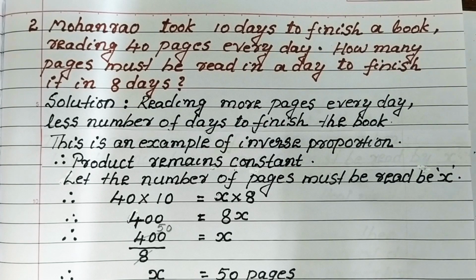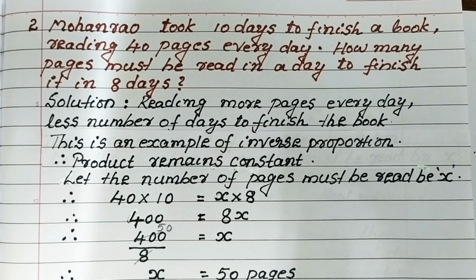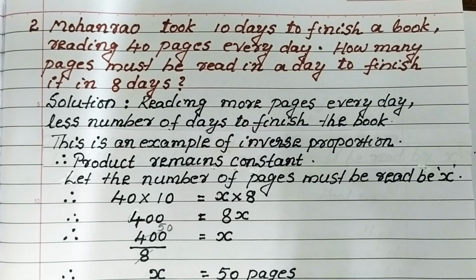Which are the two quantities here? Number of pages and number of days. Let the number of pages he must read be x. Therefore, the product of the two quantities remains constant.